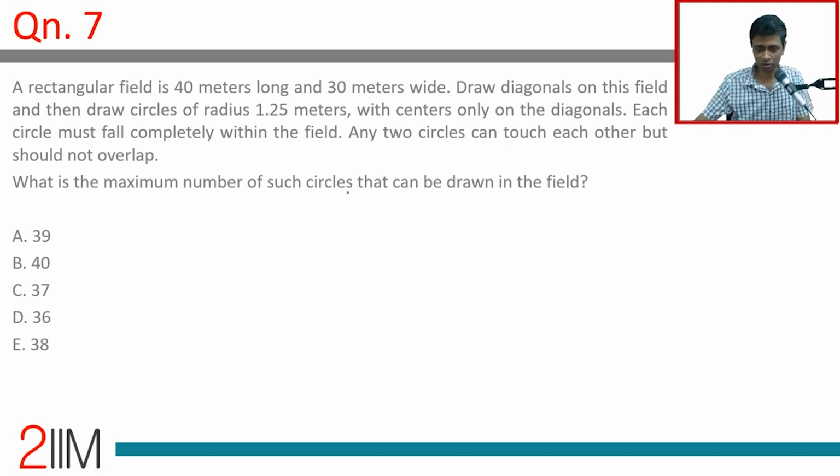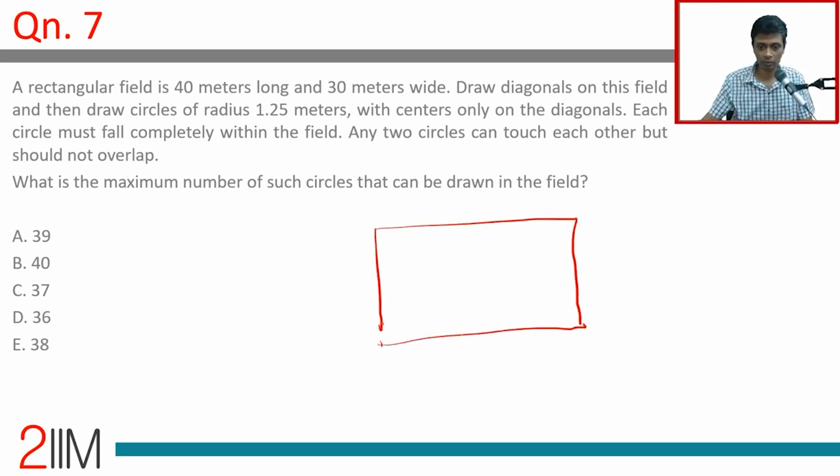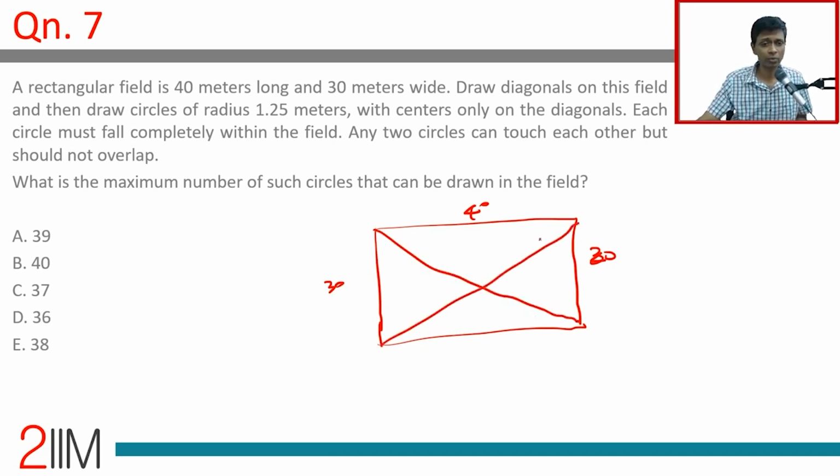Draw diagonals on this field, 50 meters long, that much we know. So 30 and 40, draw diagonals and then draw circles of radius 1.25 meters with centers only on the diagonals. So some diagonal here. 1.25 meters is nice and small.